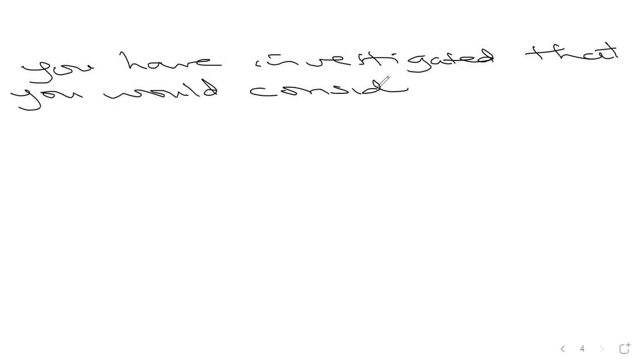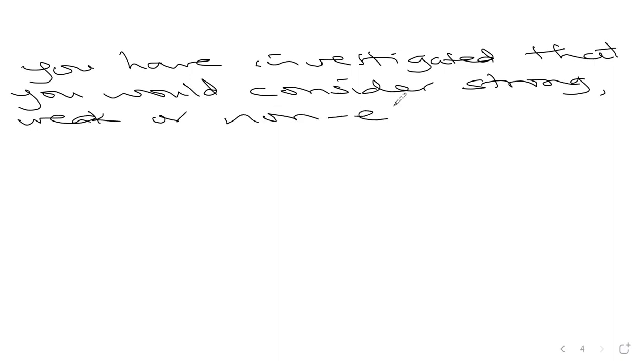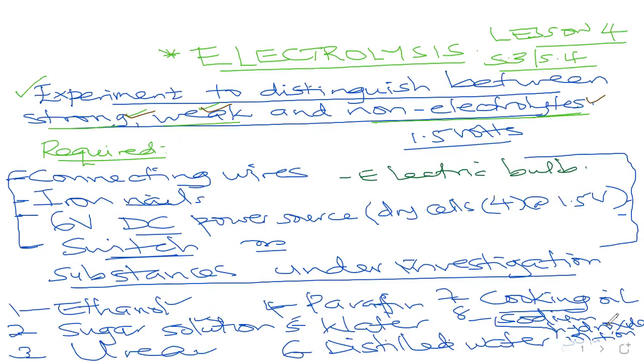This is practical and can be done in the lab or even at your home in this lockdown. How are you going to classify them in terms of strong, weak, or non-electrolytes? It's the bulb that will tell you, okay?